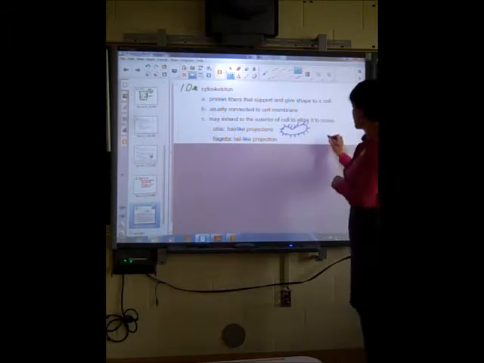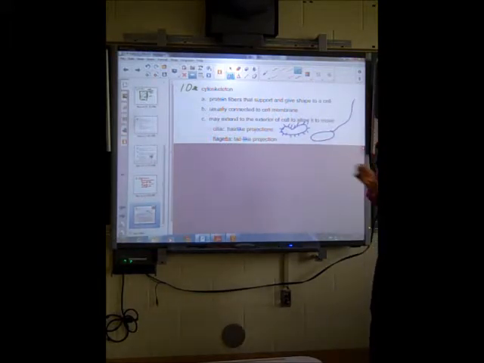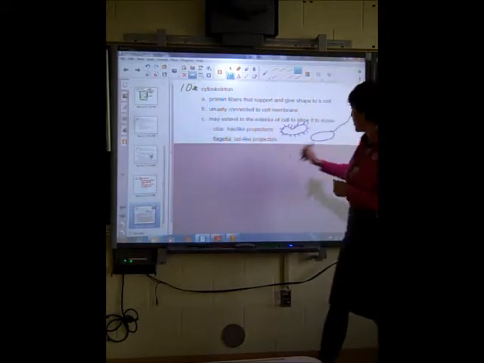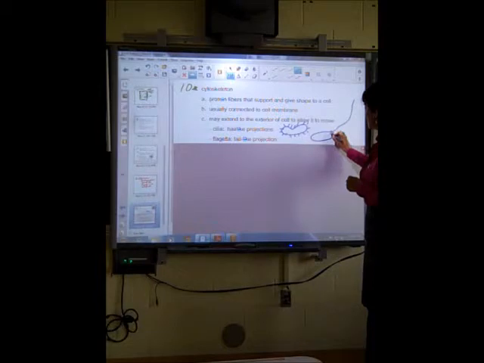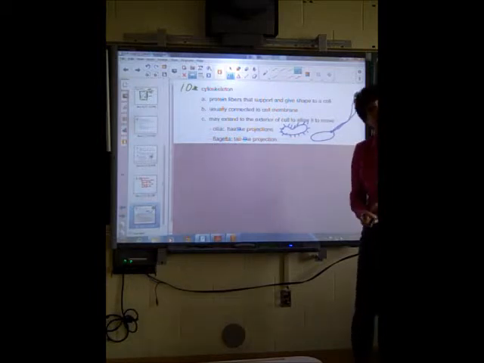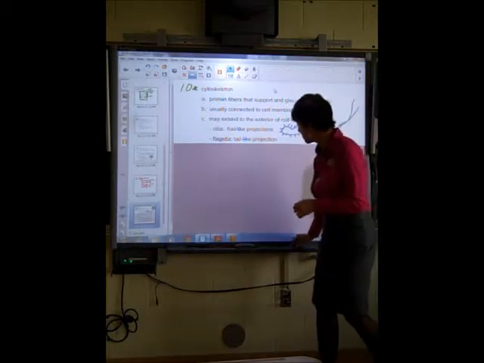A flagellum is a big long tail. That tail-like projection is made up of a protein. It goes all the way from inside of the cell to extending outside of the cell. There are some organisms that are dinoflagellates, which means they have 2 flagella attached to them. There are some that just have 1.